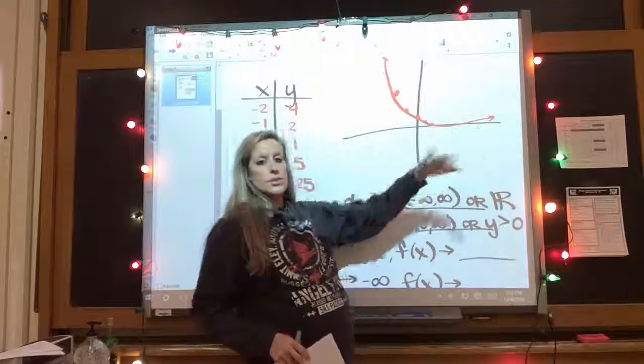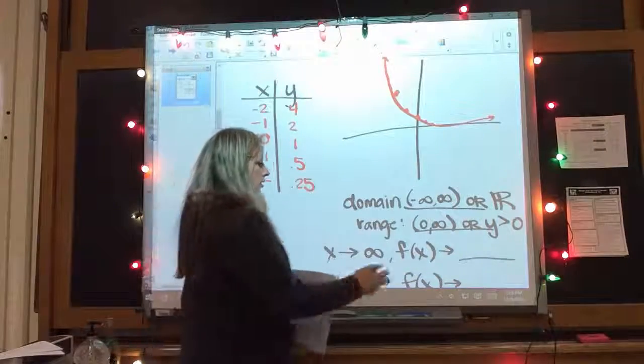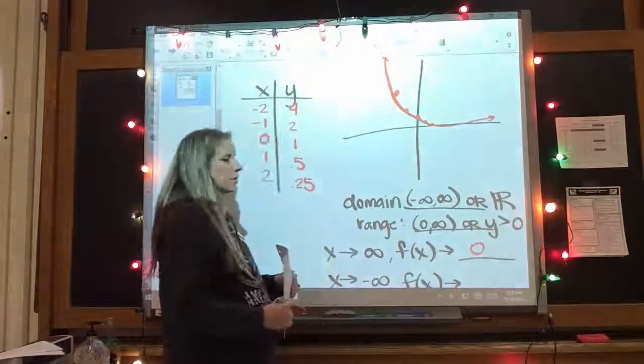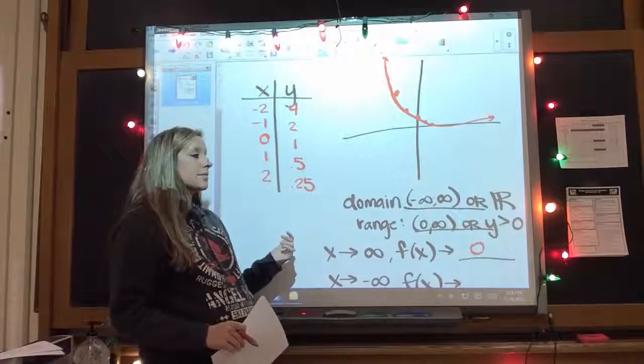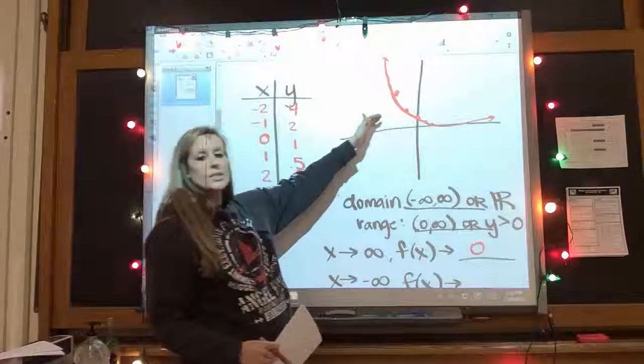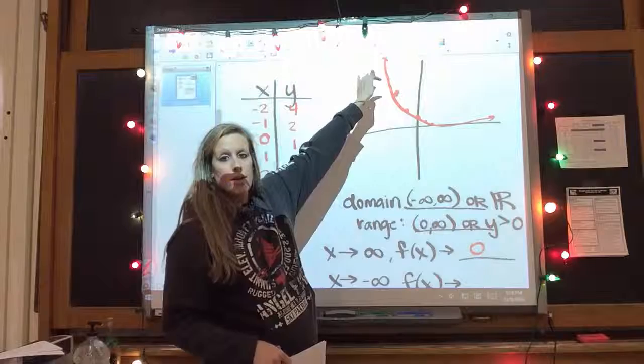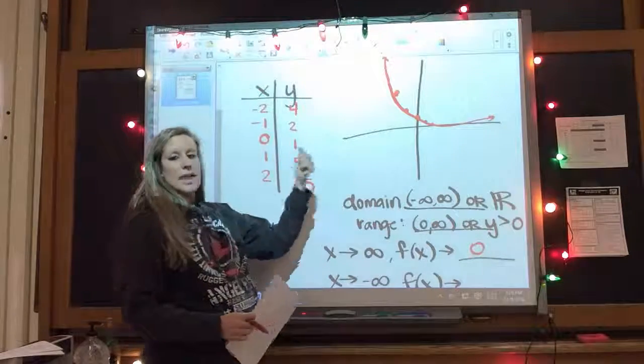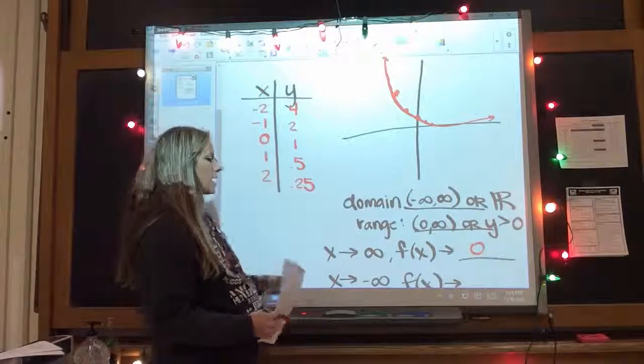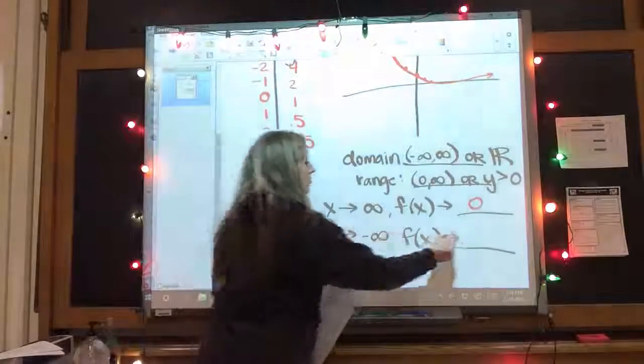It gets closer and closer to that asymptote. And as my x approaches -infinity, as my x goes towards the left side, the smaller numbers, my y is getting bigger. So as x approaches -infinity, my y approaches +infinity.